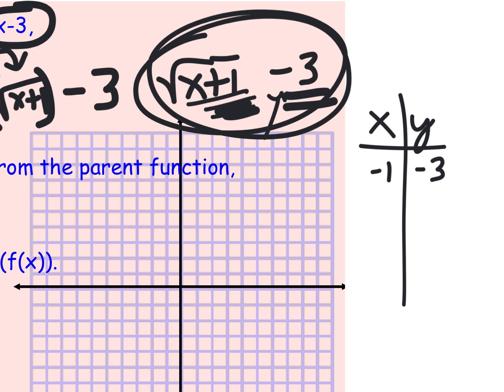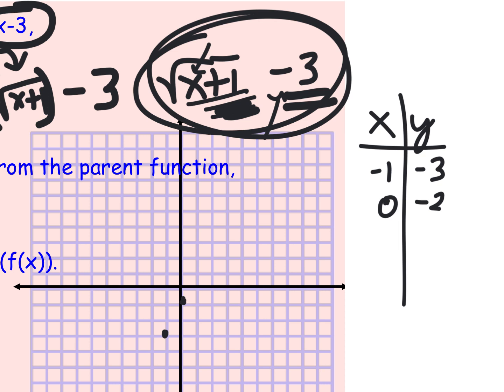And just find a few more points. So I'm going to do -1, -1, 2, 3. And then I'm going to go with putting in 0, because that makes this 0 plus 1, which is 1. Square root of 1 is 1. 1 minus 3 is -2. 0, -2.